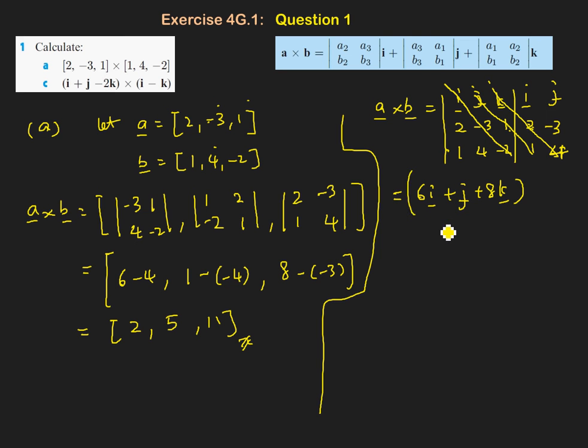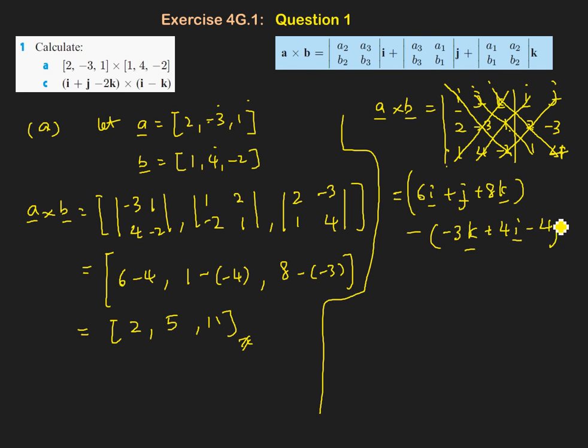Subtract. Now I'm going to go from the bottom up. So 1 times -3k, that would be -3k. Moving on, 4 times 1i, that would be 4i. And lastly, this is -2 times 2j, so I have -4j.